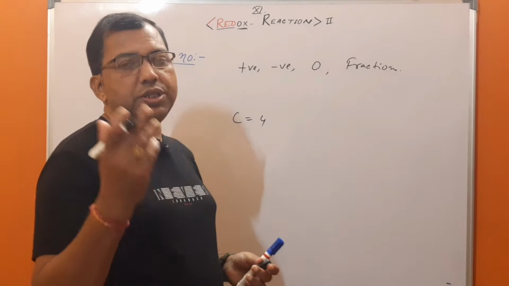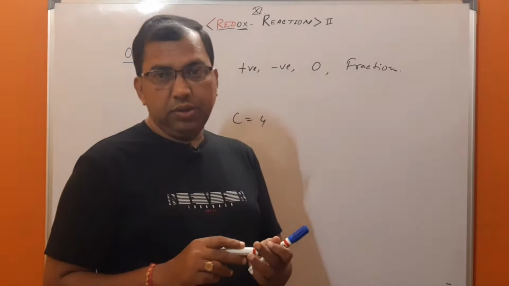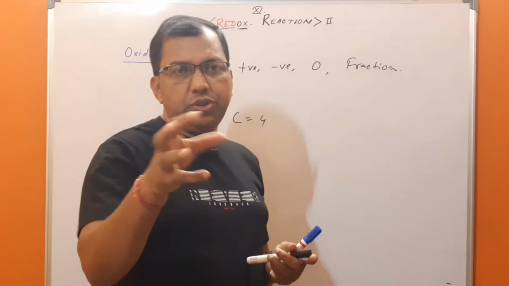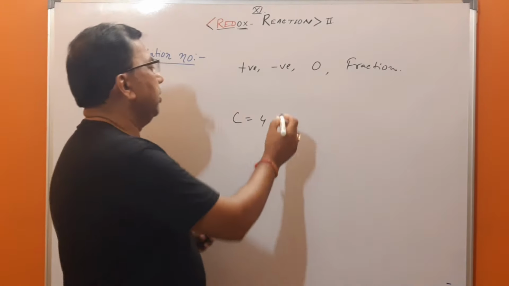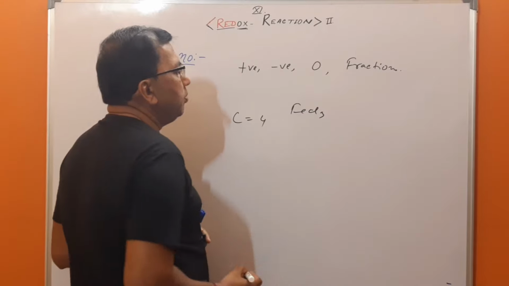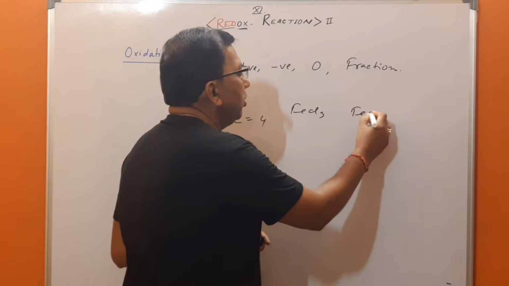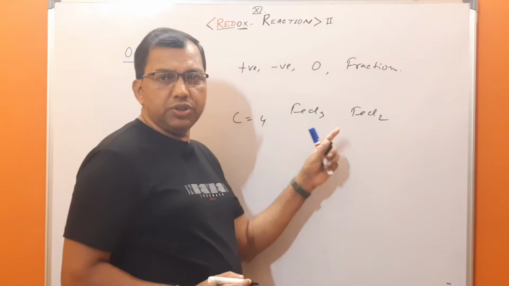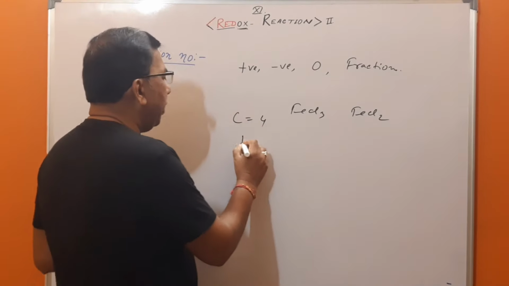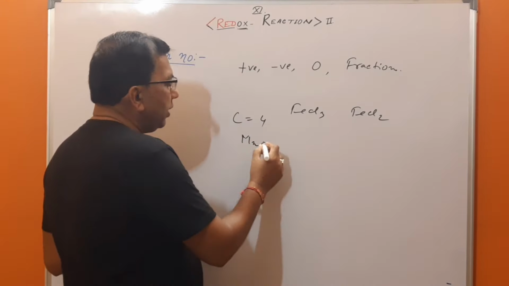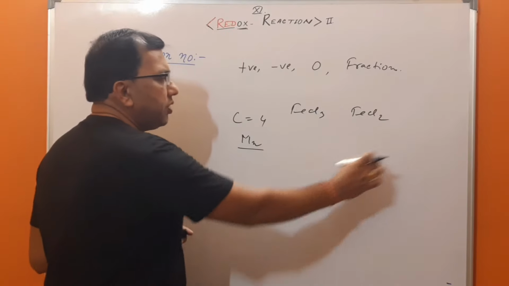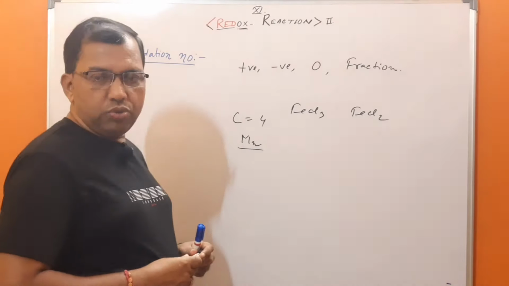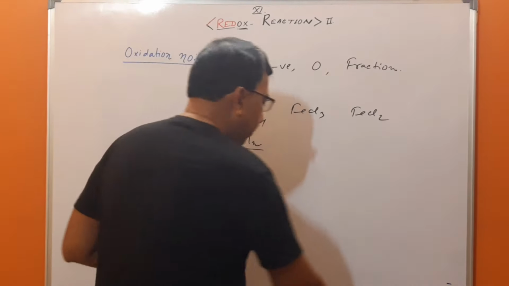Similarly, oxidation number changes with change in valency, for example in FeCl3 and FeCl2, the valency is different, and the oxidation number also changes. Clear? Suppose Mn: the oxidation number of Mn in different compounds, KMnO4 and MnO2, is different.